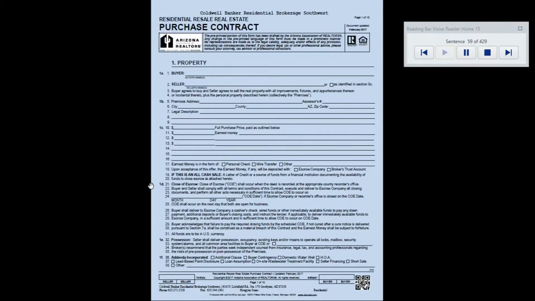Buyer and seller shall comply with all terms and conditions of this contract, execute and deliver to escrow company all closing documents, and perform all other acts necessary in sufficient time to allow COE to occur on month, day, year, COE date. If escrow company or recorder's office is closed on COE date, COE shall occur on the next day that both are open for business.